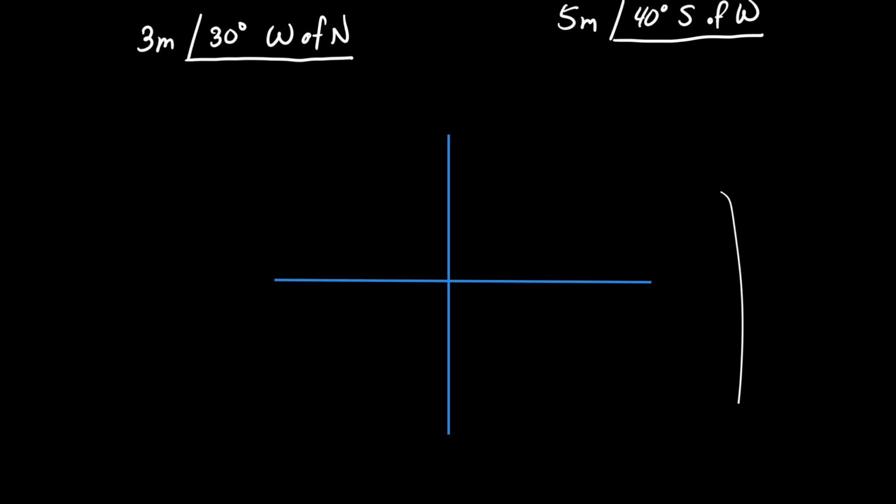Now, it really wouldn't matter what direction we made upwards, as long as we lined up east, west, and all the rest of them in the way that has already been agreed upon. But let's, for our problem, go ahead and say north is upwards, east is to the right, south is downwards, and west is to the left.